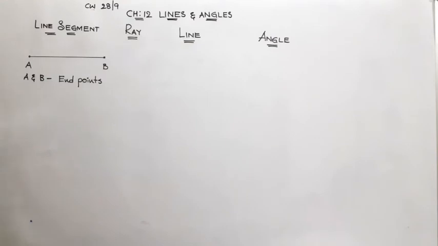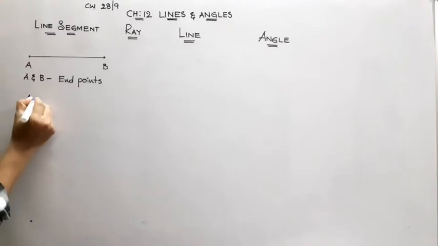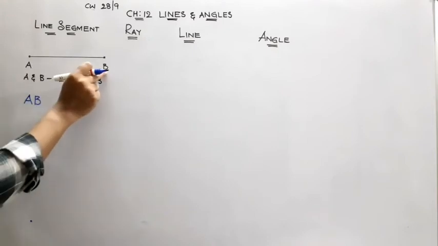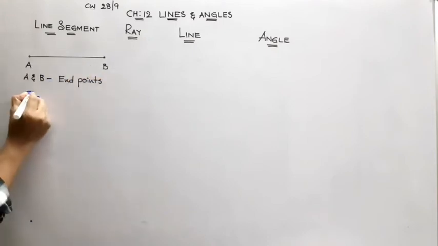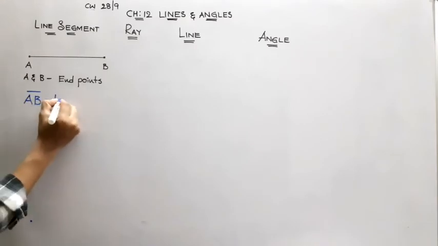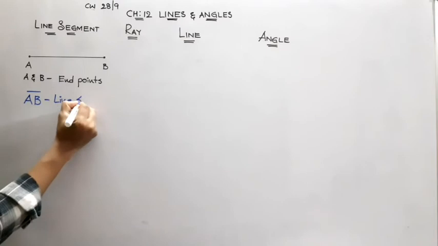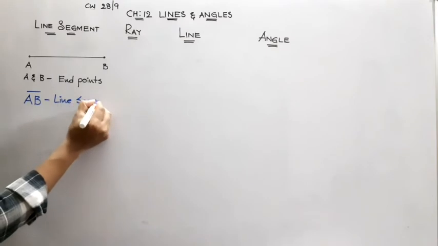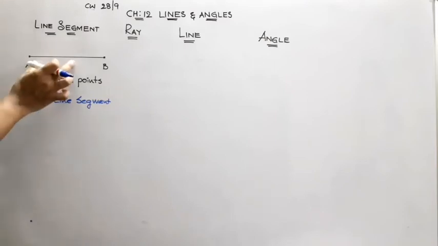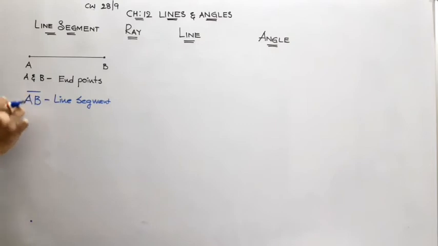In future classes, when they write AB like this, the reason why they took AB is that the points we took are A and B. If they specify it simply like this, we have to consider it as a line segment only. They won't write in words saying line segment AB. They will just indicate a line segment symbolically like this.